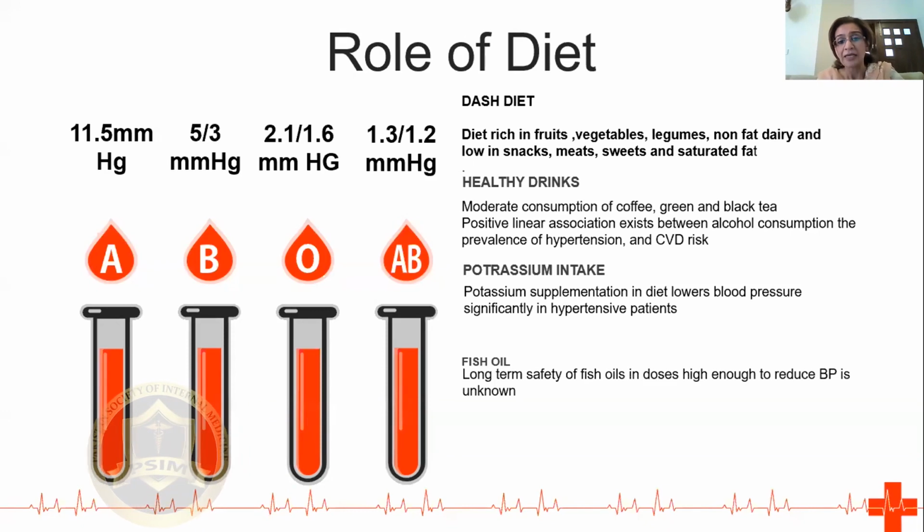Fish oil. Now, through the polls, I realized that all of us and most of our patients are very fond of fish oil. So when fish oil causes a reduction of blood pressure, number one, the reduction is very, very modest, from 2 to 1.6 millimeters of mercury.